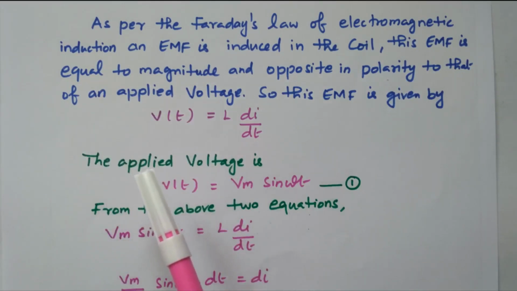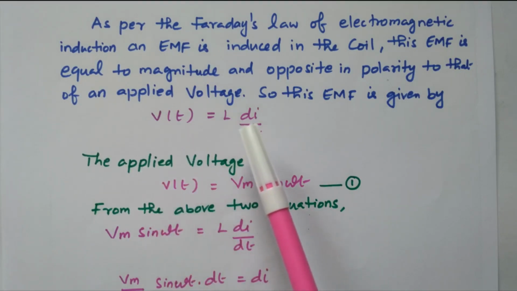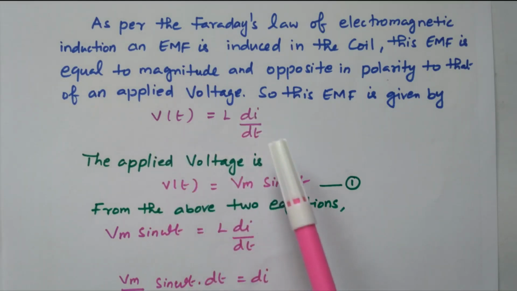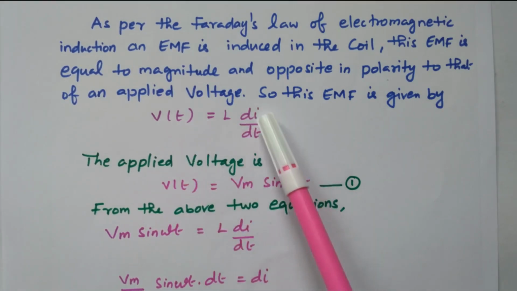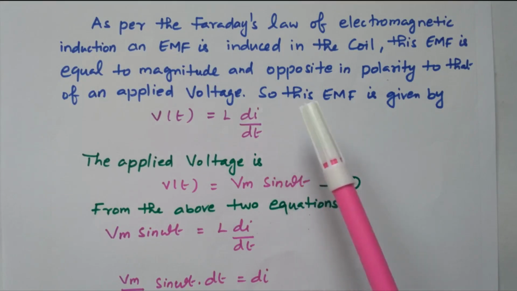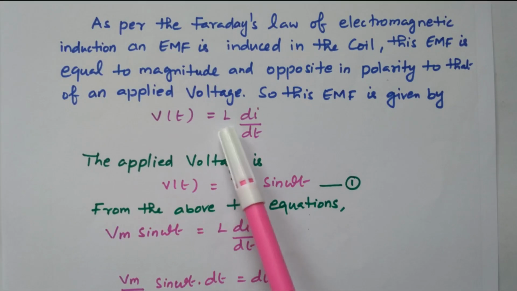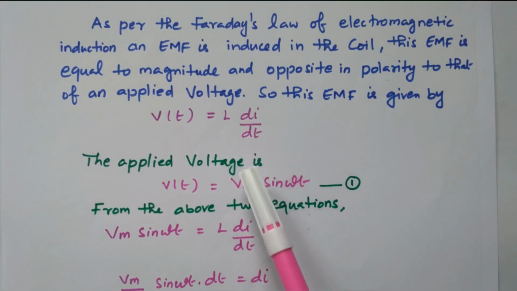That is based on Faraday's law. So this EMF is given by V of t equal to L di by dt. The induced EMF is proportional to the rate of change of current and also the rate of change of flux. Here we consider the current. V of t equal to L di by dt.